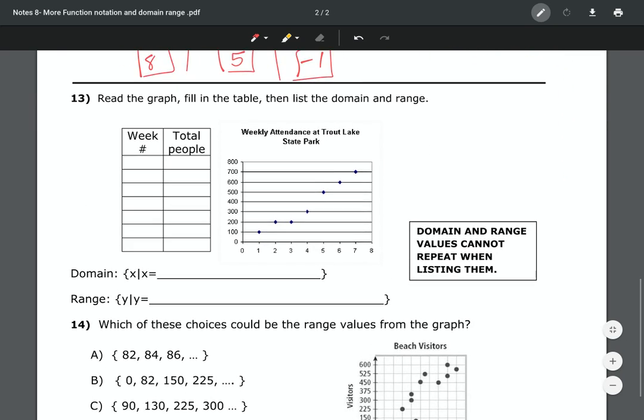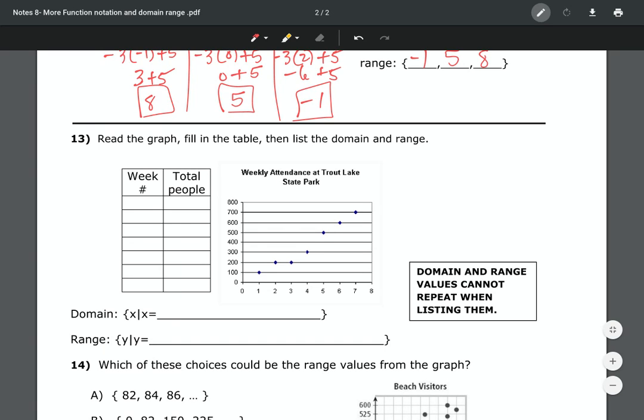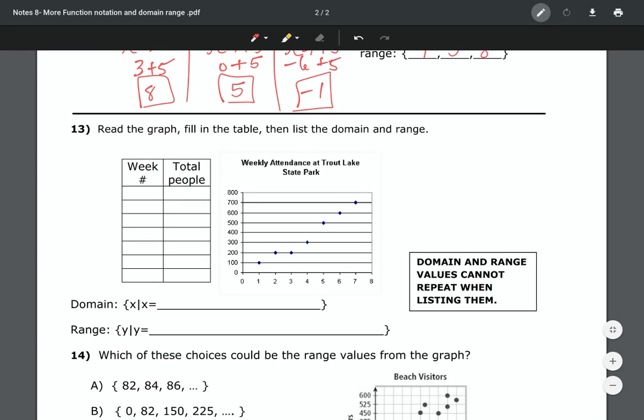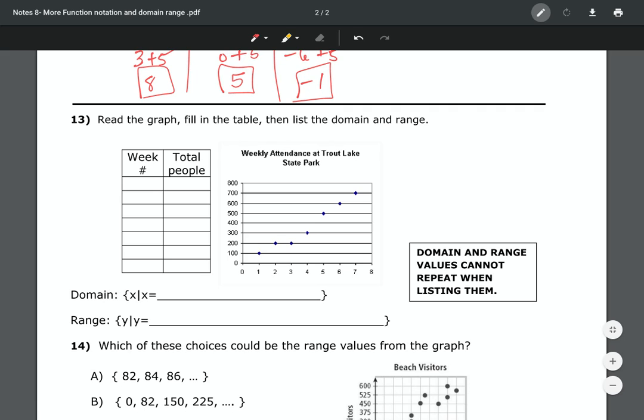All right, so let's look at some real world applications. It says read the graph, fill in the table, then list the domain and range. All right, so it looks like we're looking at this scatter plot here. So we go right 1, up 100. So this would be 1 and 100. Right 2, up 200. So 2 and 200. Right 3, up 200.